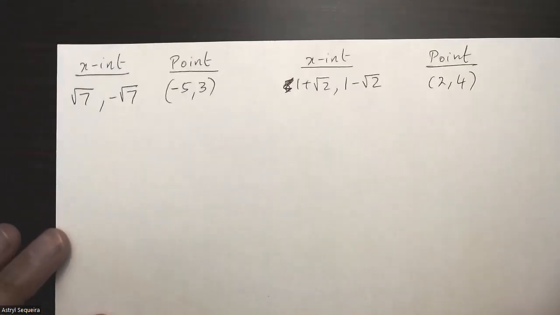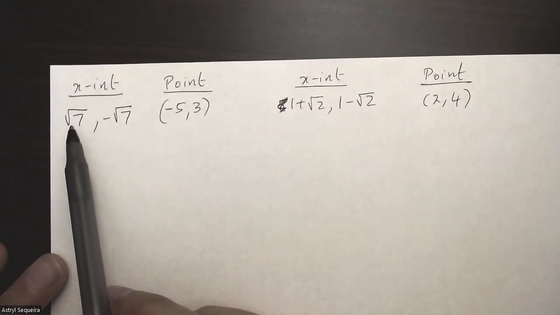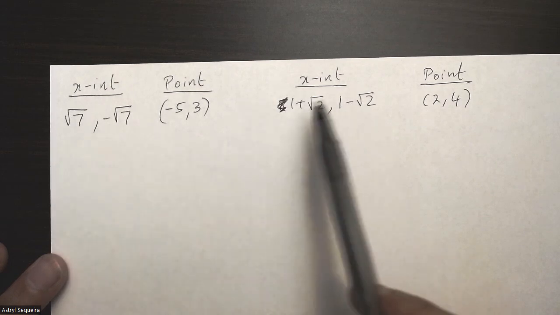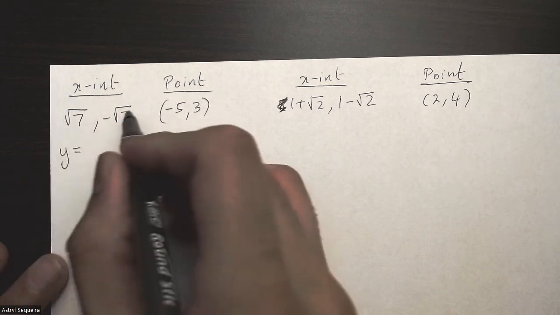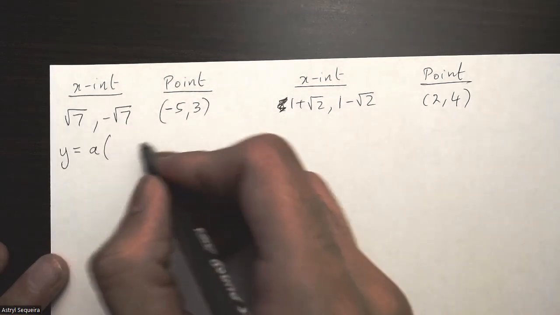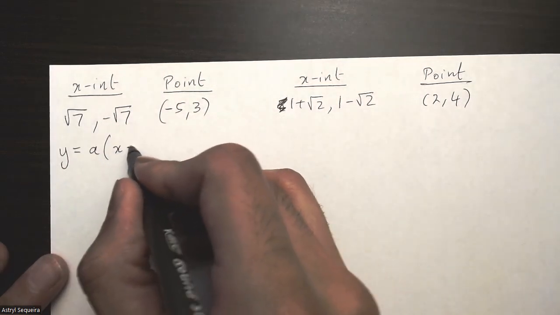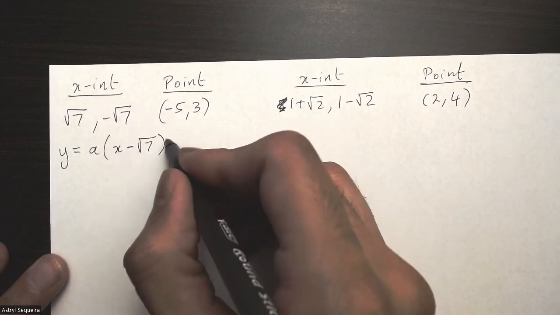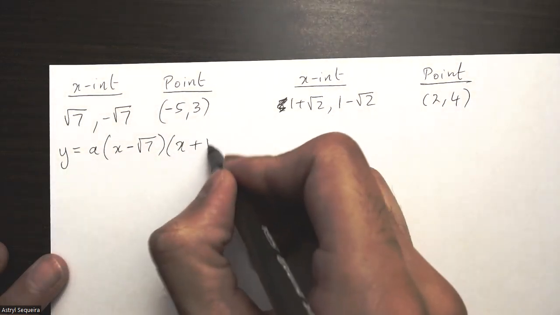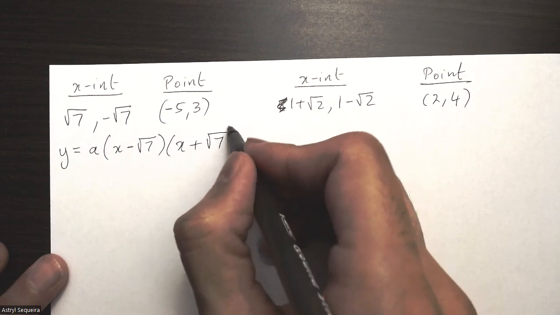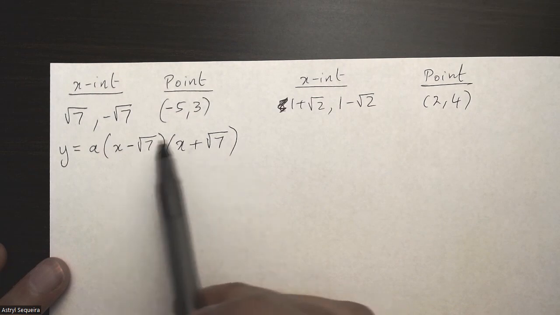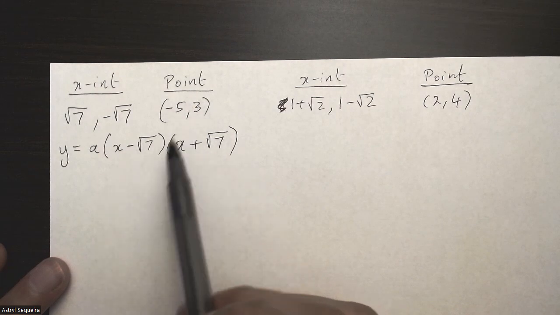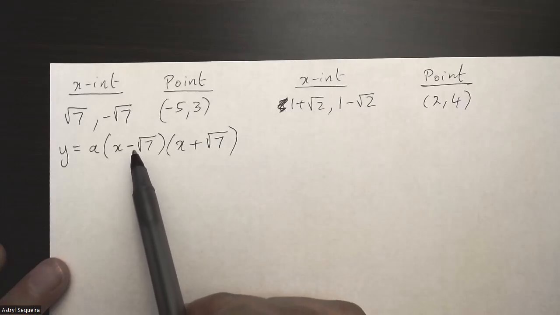Let's go to the third and fourth example here, which are now going to involve square roots. So it's a bit more difficult, but same steps. I'm just starting by subbing in my x-intercepts for my r and my s. So I have (x - √7) and (x + √7). Then whenever I have square roots, I want to simplify before I sub in my point, generally speaking, if it's possible.